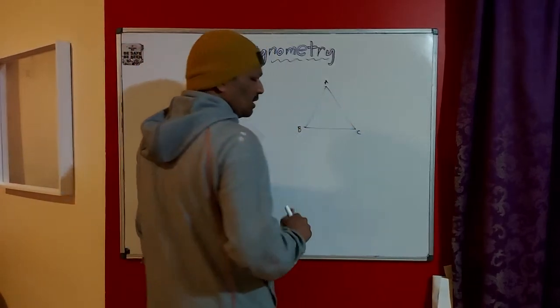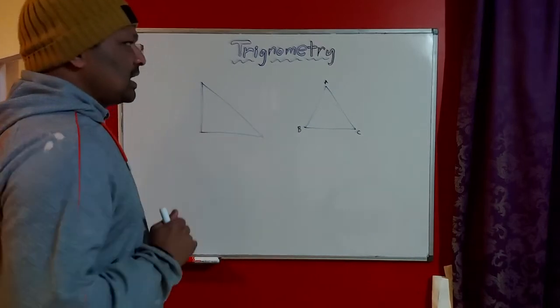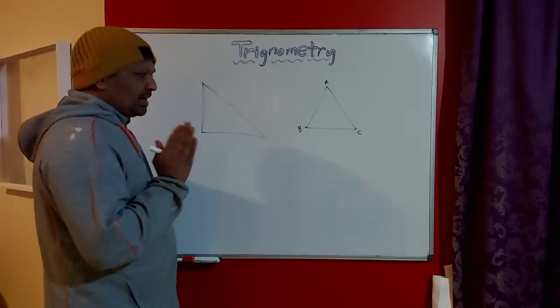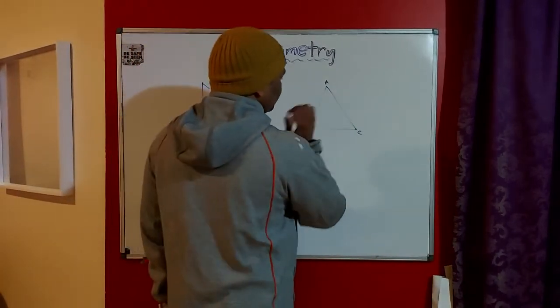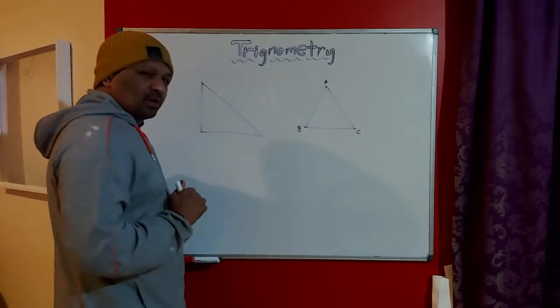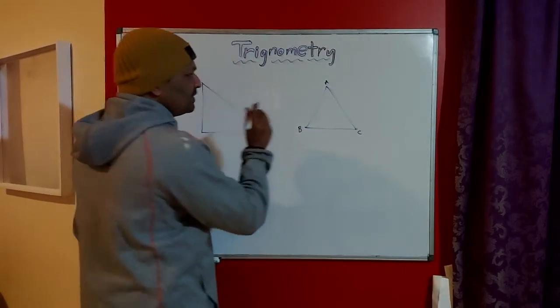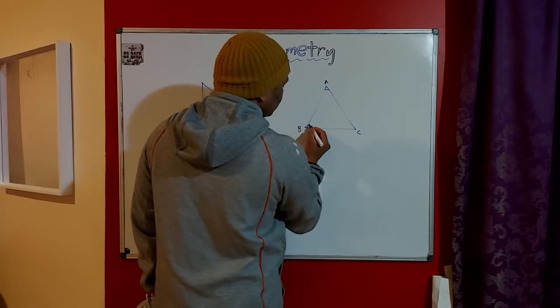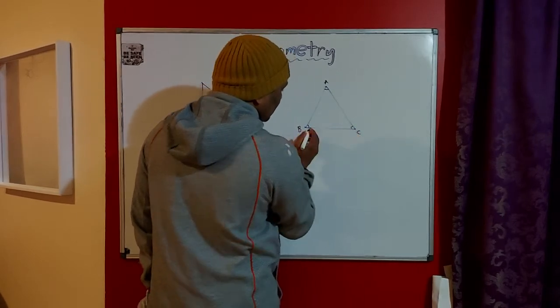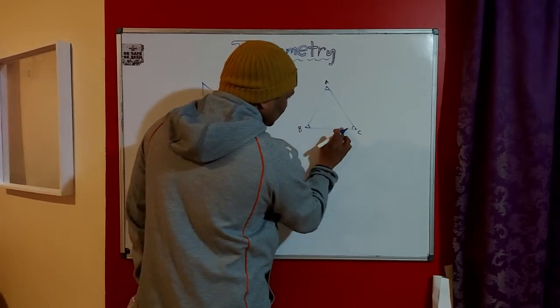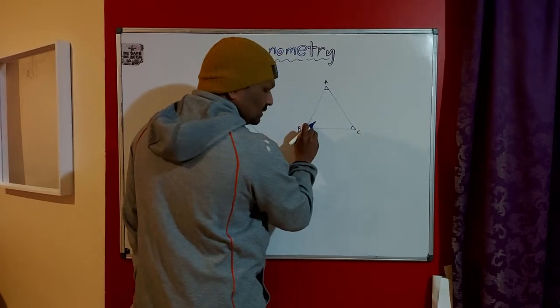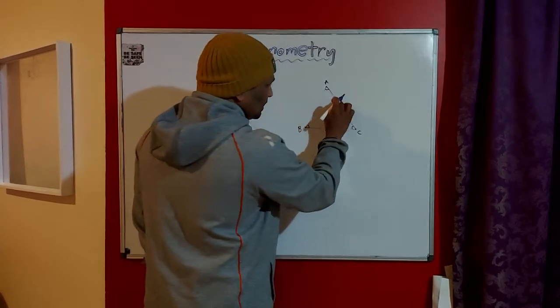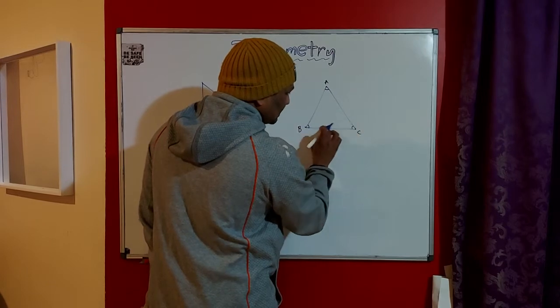All of you might be very much familiar with that. There will only be three sides in any triangle. And what is the other property? The sum of three angles. The angle formed by this line and this line is this angle. The angle formed by this line and this line is this angle. The angle formed by this line and this line is this angle.